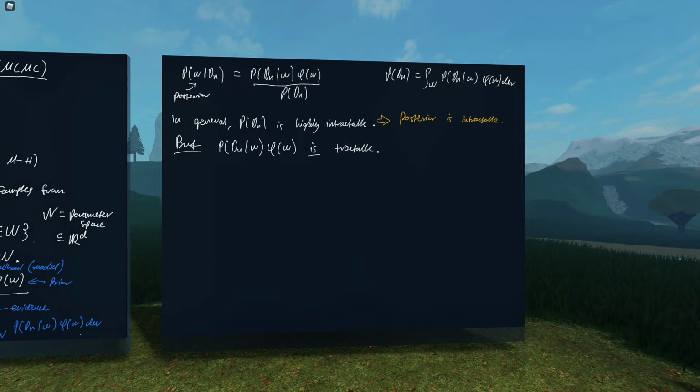So it is at least computable for any given parameter that you care about, because generally the model will be something like a normal distribution, and potentially even the same thing for the prior W. So we can compute the numerator, but not the denominator. And so Markov Chain Monte Carlo uses this fact.